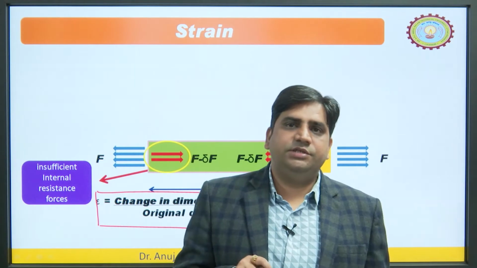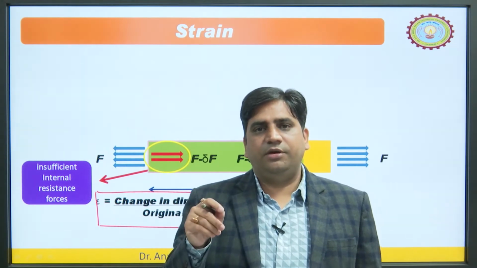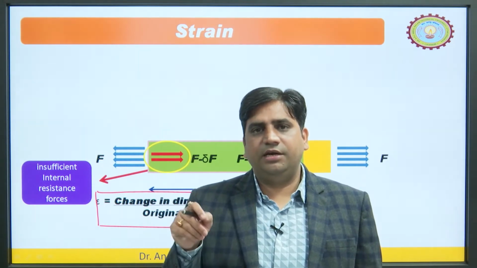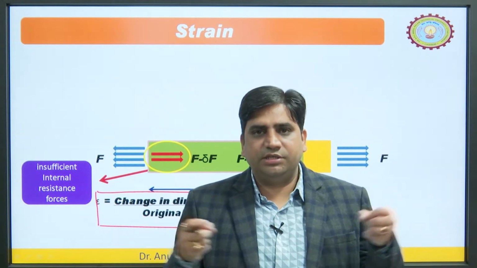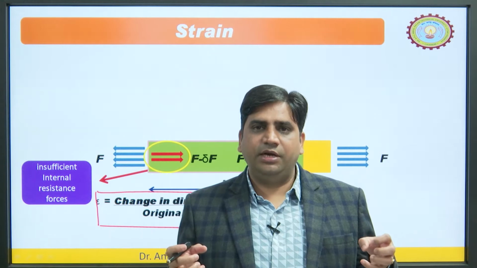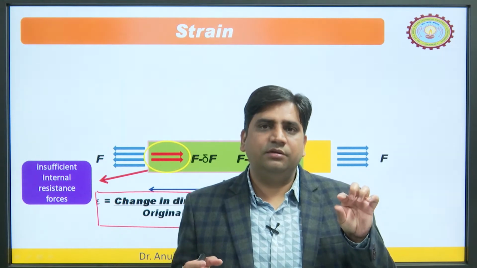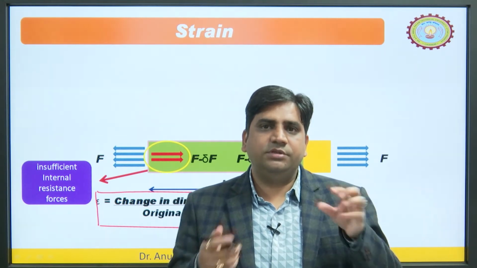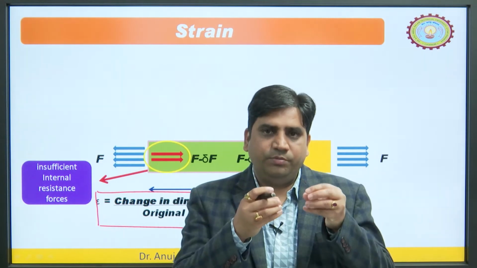If it is change in diameter, then change in diameter upon original diameter means delta D upon D, because if you stretch something, there would be an increment in the length, but at the cost of a decrement in the lateral dimension, means the diameter would be reduced to a particular value.